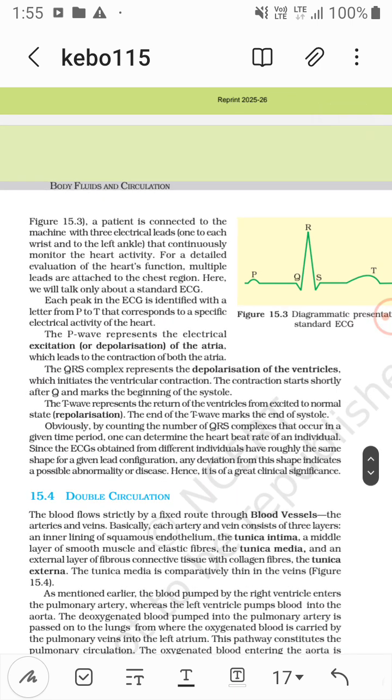Then the QRS complex represents the depolarization of the ventricles, which initiates ventricular contraction and marks the beginning of systole. The T wave represents the return of the ventricles from the excited to the normal state, that is repolarization.